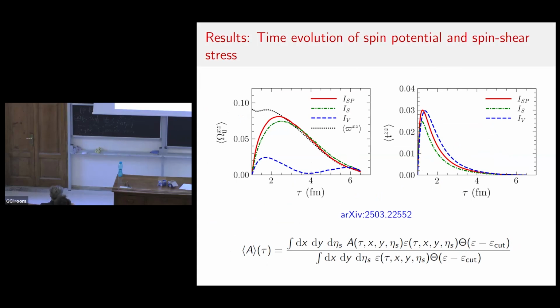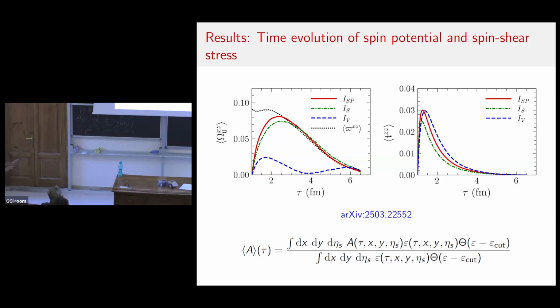The left-hand side is the spin potential. First of all, we have chosen an initial condition model where, due to symmetry, only the xz component of the spin potential is non-zero. The rest are 0.